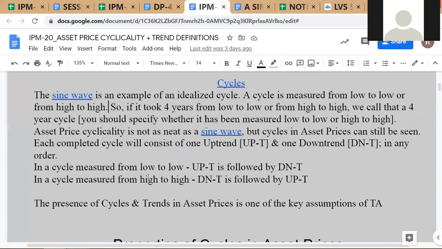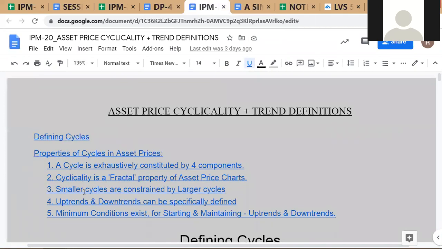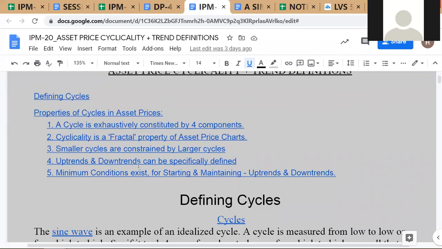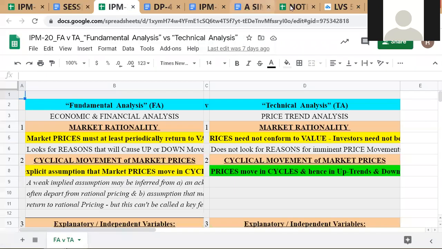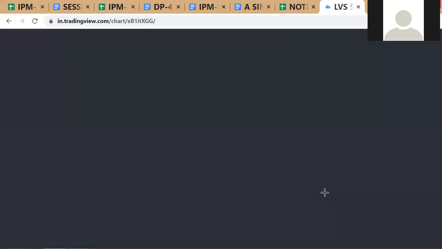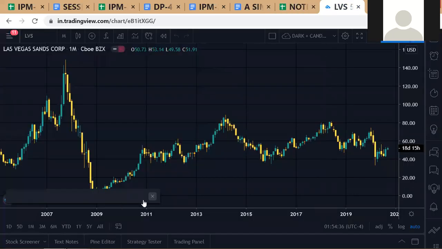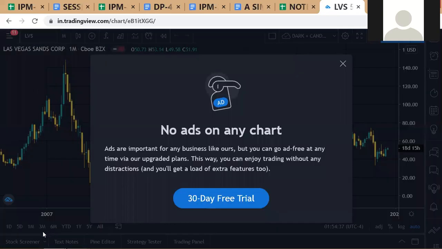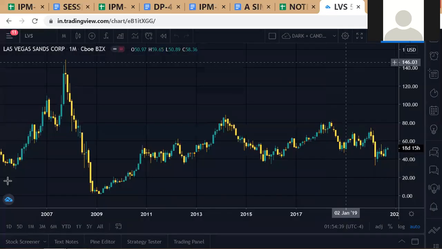We discussed this topic, this subtopic, and we looked importantly at this. Let me once again recap quickly. We were looking at the solutions to the DP4 problem. That is, when you look at a chart, say LVS, how do you decide whether to buy or to sell?